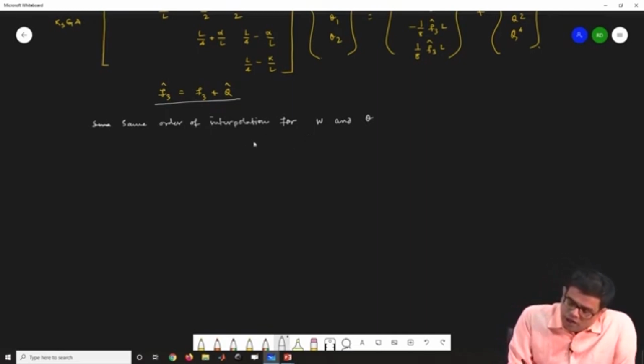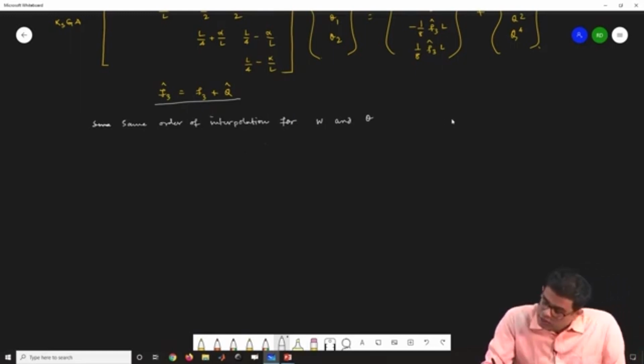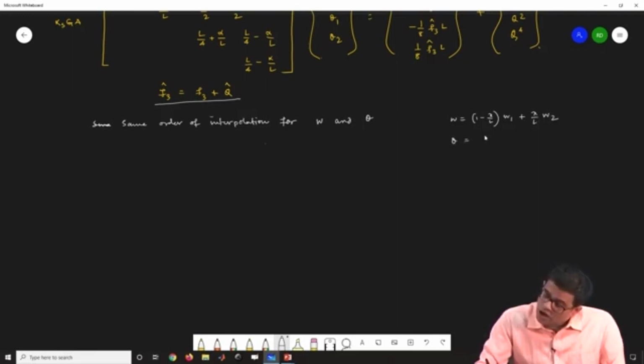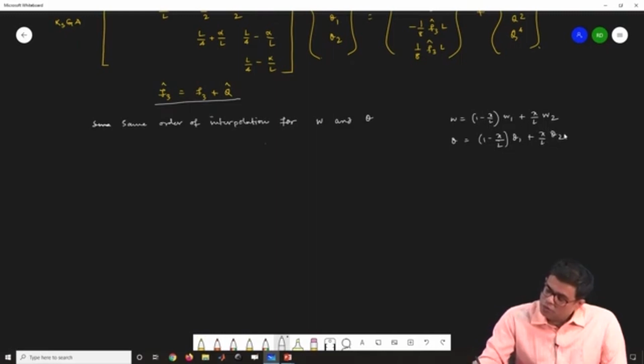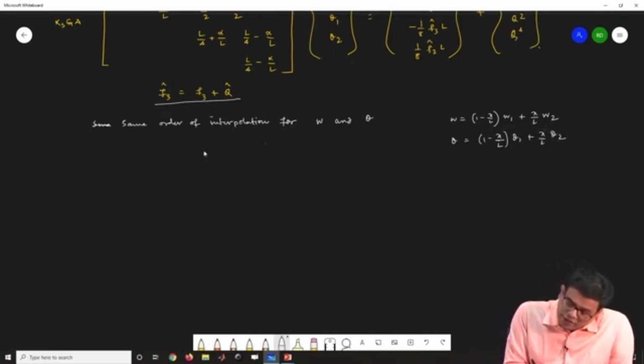So now what happens is that I will still use W as 1 minus x by L W1 plus x by L W2, and theta as 1 minus x by L theta 1 plus x by L theta 2. Both I will use.